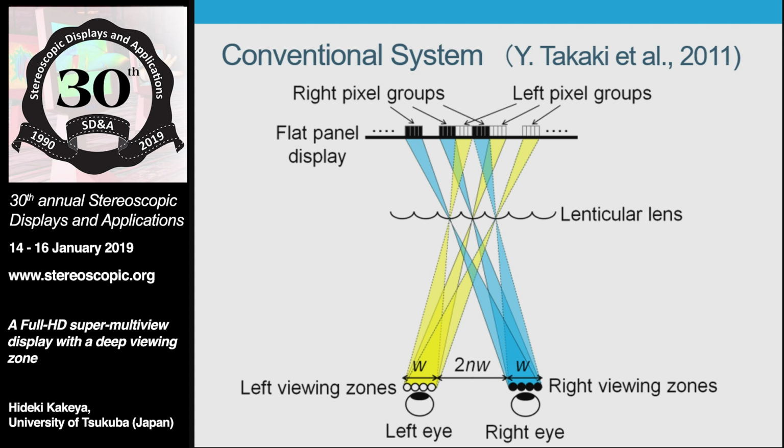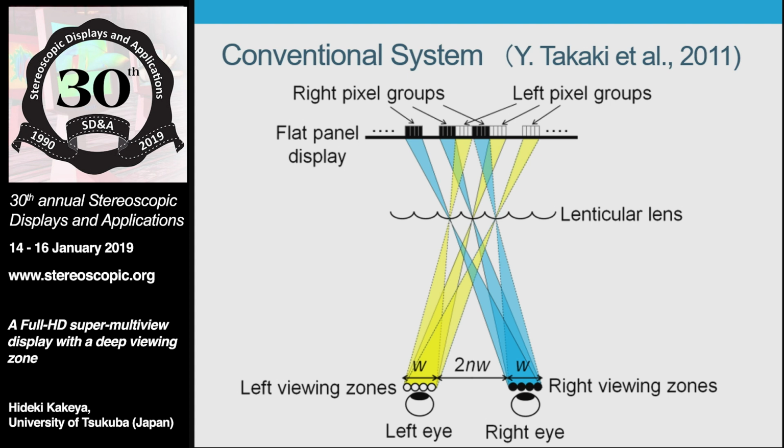He is also a great contributor to this conference. He realized this system in 2011. The 4 views are generated around the right eye, and the 4 views are generated around the left eye. Then if the viewer moves, we can move the image here. Then we can keep on showing super multiview images for the left eye and the right eye.